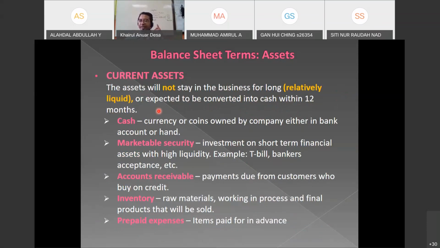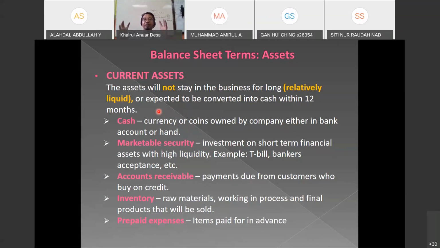So, it means jangka pendek, it means short term. That is the current asset. So you kena faham chapter yang pertama, then easily absorb the discussion in chapter 2, and you must understand chapter 2, and then easily you can understand the following chapters.